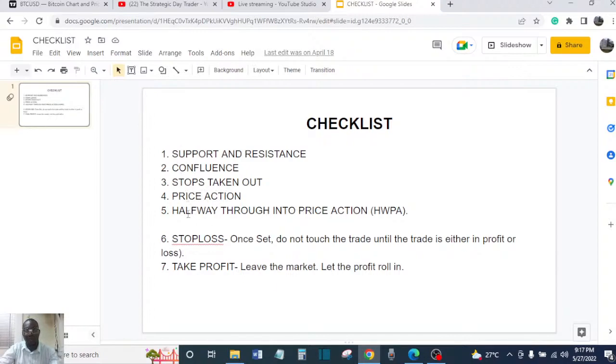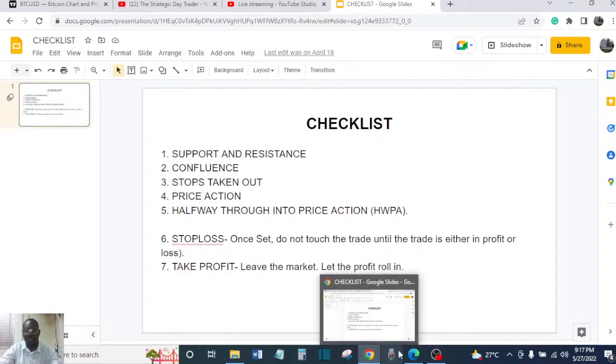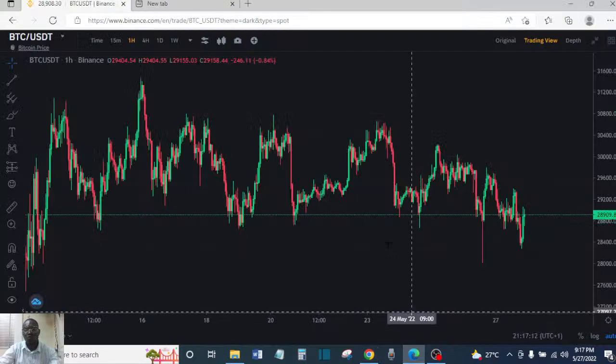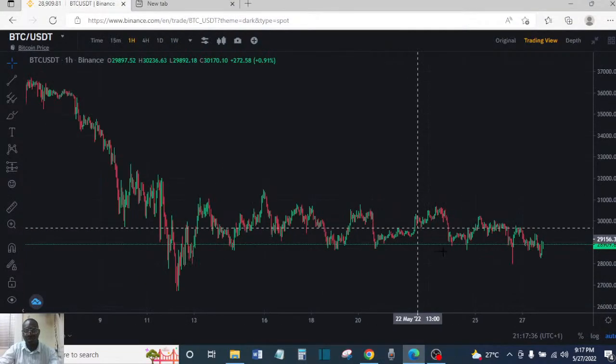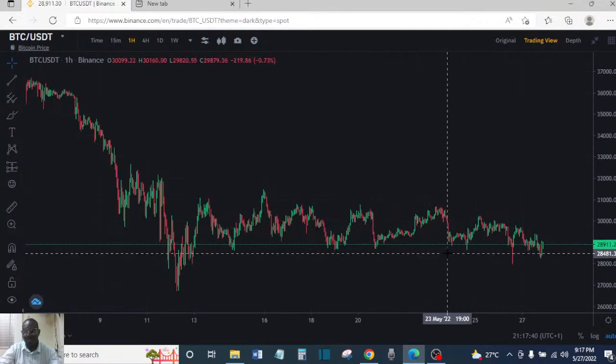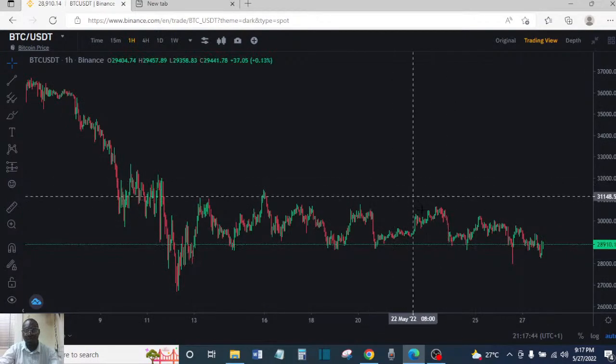These are the 5 points that my followers have been following, and it has been working for them. When you consider these points, you are likely to have less losses and more wins in this trade.